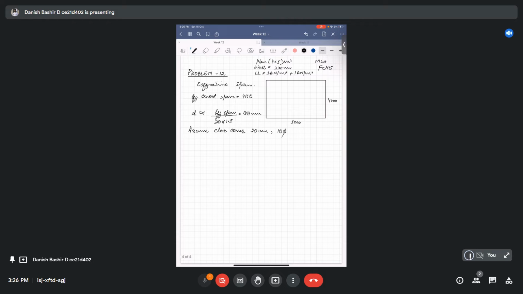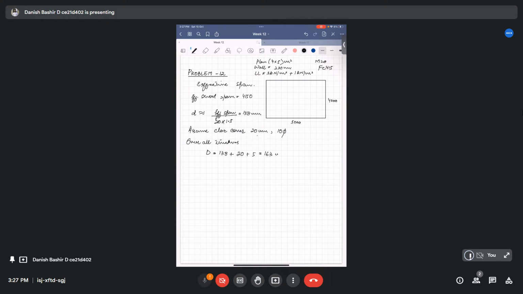So clearing we get the overall thickness. So if you calculate the overall thickness D as effective depth 138 plus clear cover 20 plus half the bar diameter 5, it will be 163 mm.